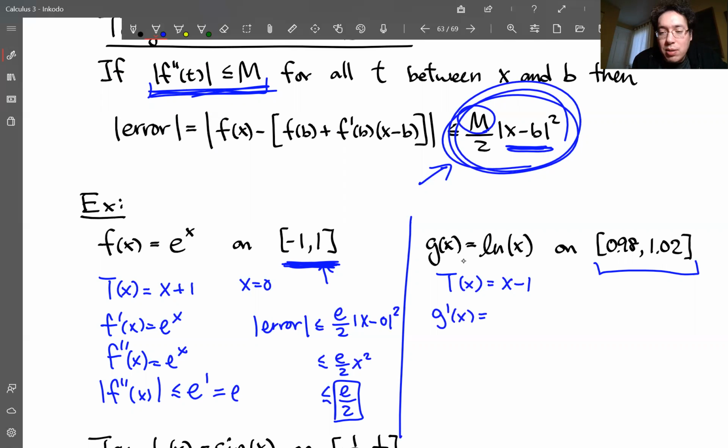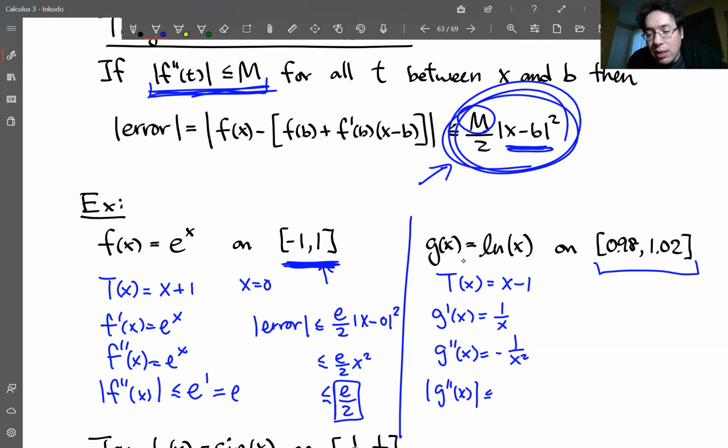Okay, so we take a couple of derivatives. The derivative of natural log of x is 1 over x, and the second derivative is -1 over x squared. And how large could that get in absolute value? Well, the negative I can ignore because I'm taking the absolute value.